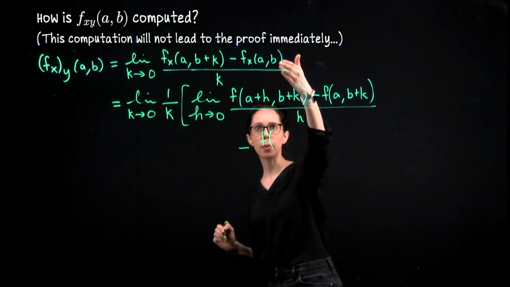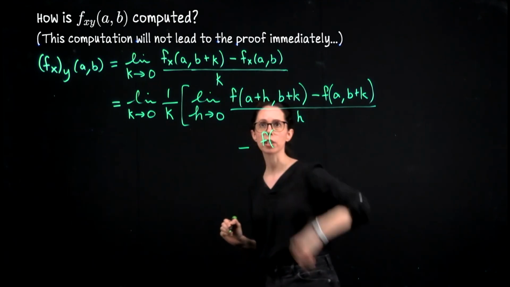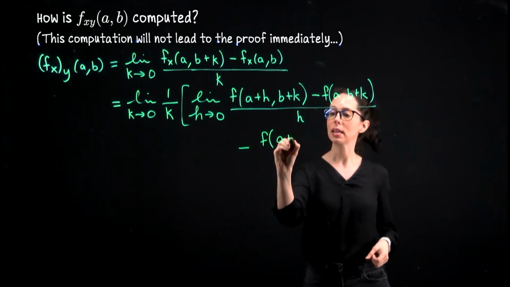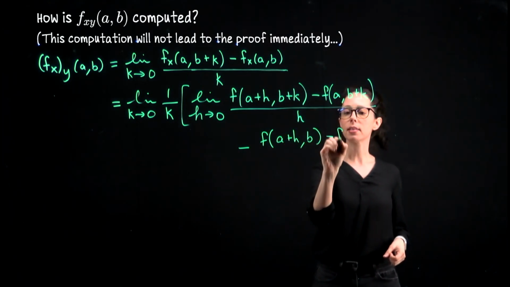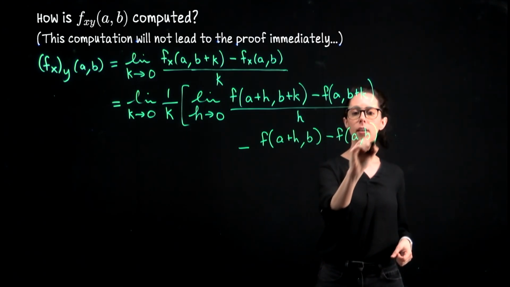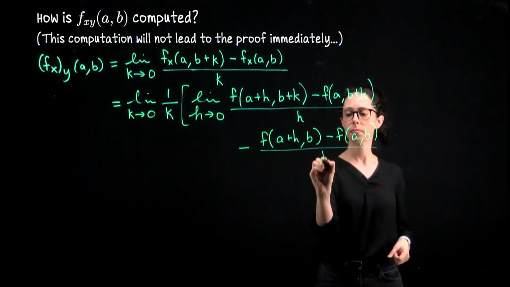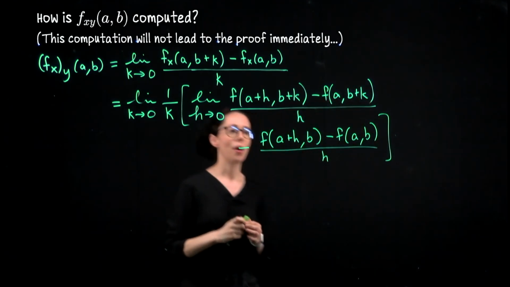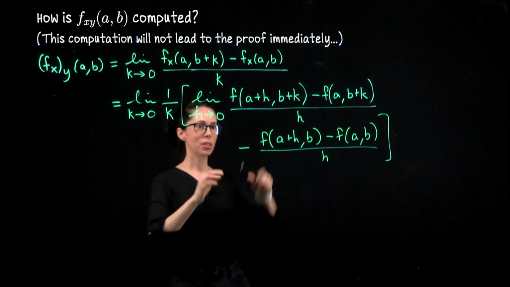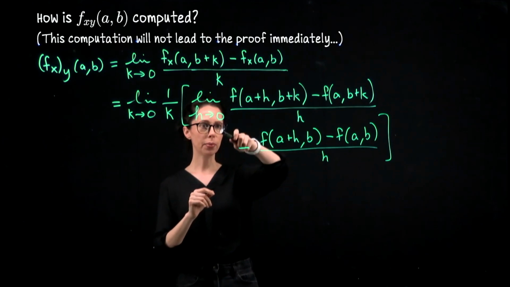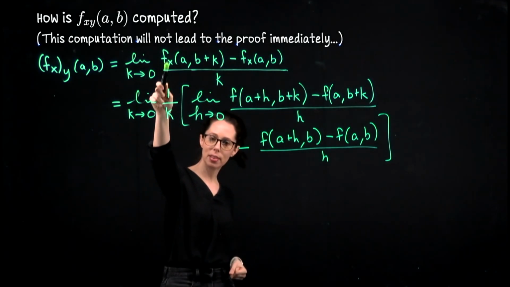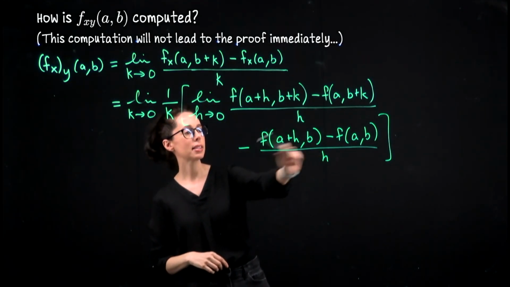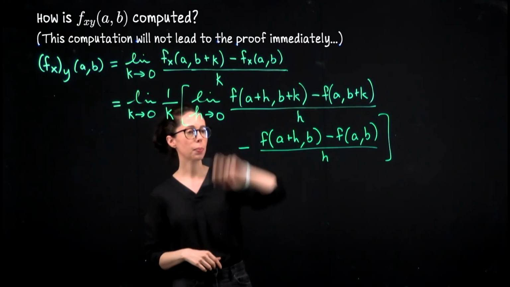We start at a, b, but we perturb a little bit by a factor of h in the x-coordinate. So f of a plus h, b, minus f of a, b, divided by h. So when we compute that limit as h goes to 0, it will produce this x partial derivative. Likewise, this one will produce this x partial derivative.